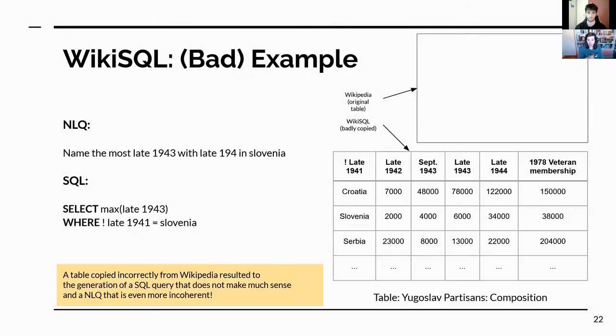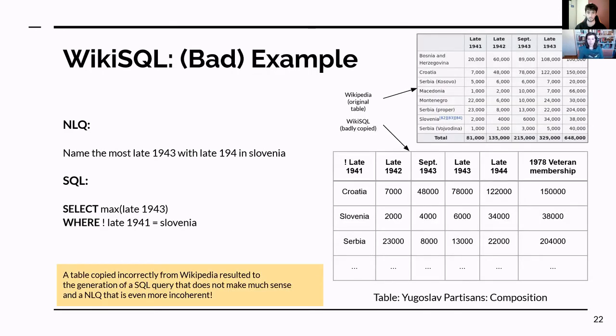Now, a bad example is this one here, where up here you can see the original Wikipedia table, but unfortunately this table was copied incorrectly in WikiSQL, which resulted in generating this SQL query, which doesn't make sense. And of course, the resulting NL query is even more incoherent. So this is an example of a pair of NL query and SQL that is not useful either for training or for the evaluation of a system.